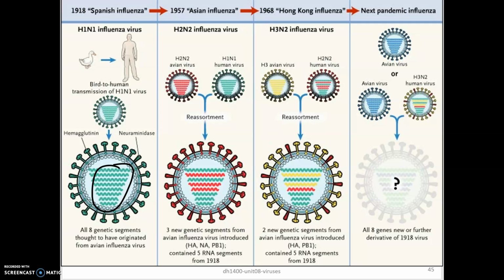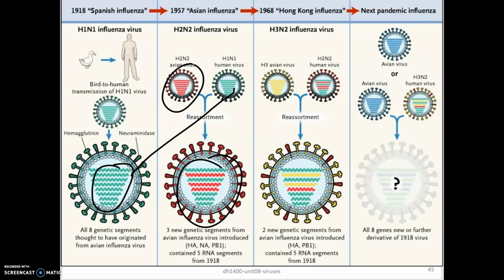Several years later, this virus that caused the Spanish flu came into contact with another avian virus. So if we look at the next scene here in 1957, this virus right here, this is our H1N1 from 1918, combined with another avian virus, so another bird virus, and we had antigenic shift, and we ended up with another, brand new virus called H2N2.